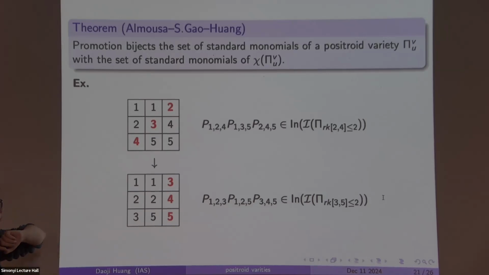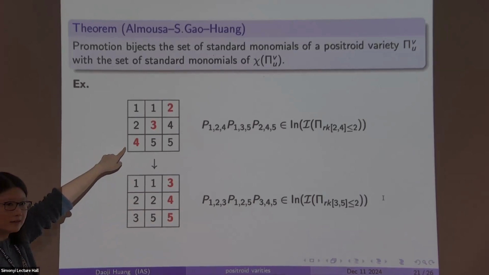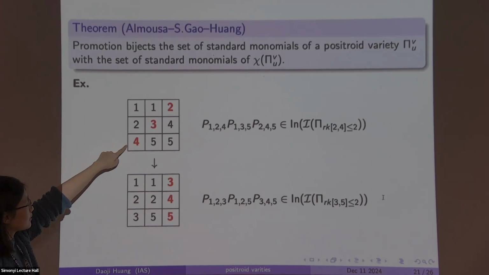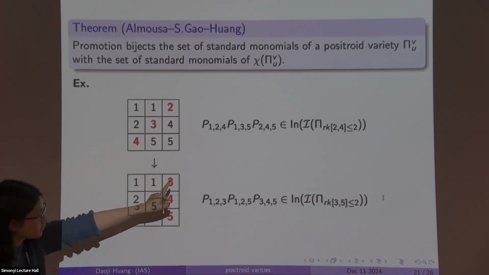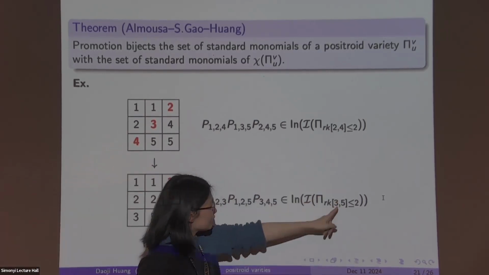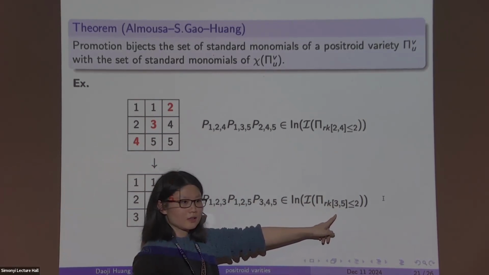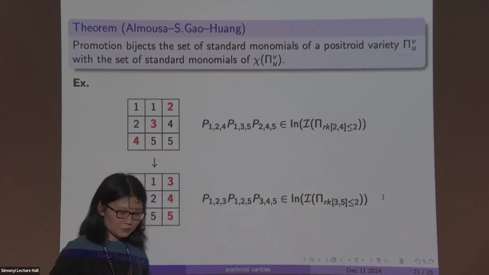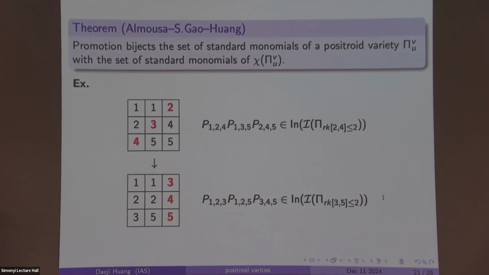So here you can see that this is the result of promotion of that. This contains a generalized anti-diagonal for this interval, and this is a cyclic rotation. Once you wrap around the boundary, you have to go to the dual Grassmannian and work with intervals there. So the non-trivial part of the theorem is that this process behaves well under taking the complement. I'm not going to explain that in detail.